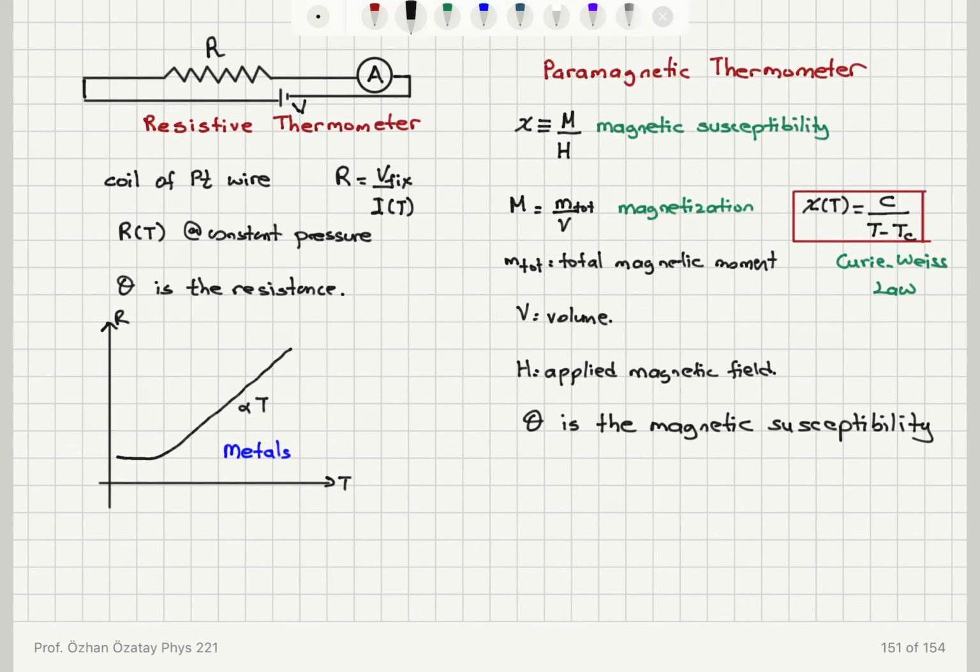We can detect the magnetic susceptibility using advanced magnetic characterization techniques like VSM, vibrating specimen magnetometry, or SQUID measurements. We can take magnetic hysteresis loops and determine the slope, which is M divided by H, and this is going to give us as a reading the thermometric parameter theta. Magnetic susceptibility measures the temperature of the system of interest.